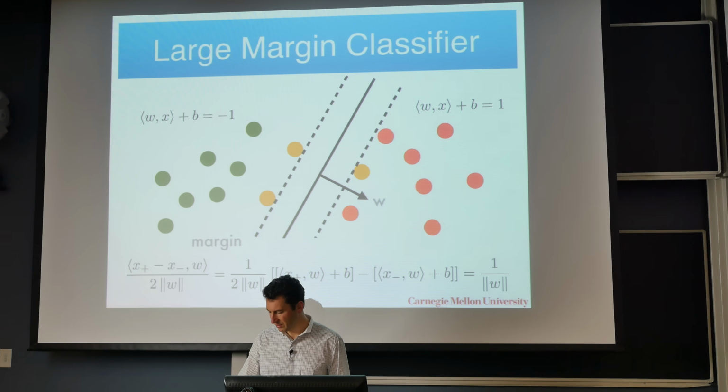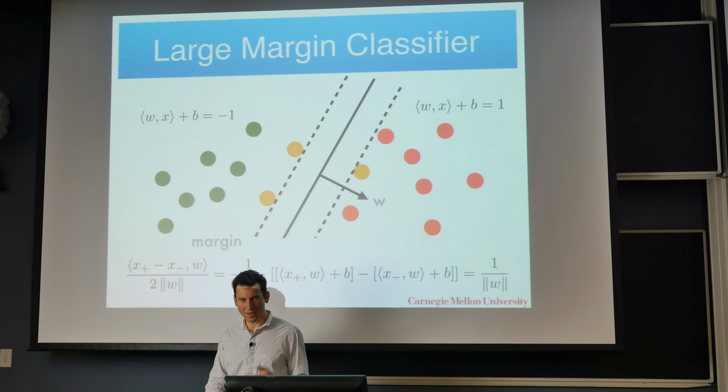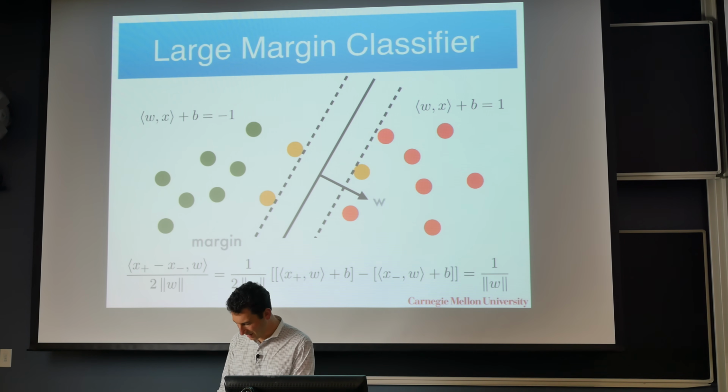Now how do we find it? One thing you can do is focus on those 3 support vectors. Without loss of generality, the value for those points has to be -1 and 1. So we get w·x + b = 1, which holds for this point here, and w·x + b = -1, which holds for these points over there.